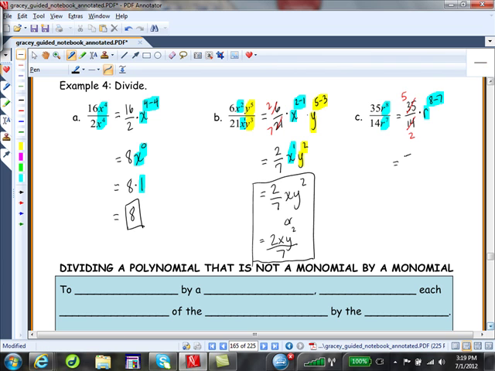So we will end up with 5 halves r to the 1, which is 5 halves r, or again, we could write this as 5r all over 2. And this is how the r's turned out.